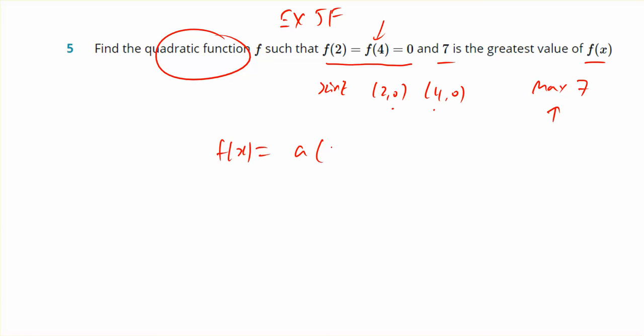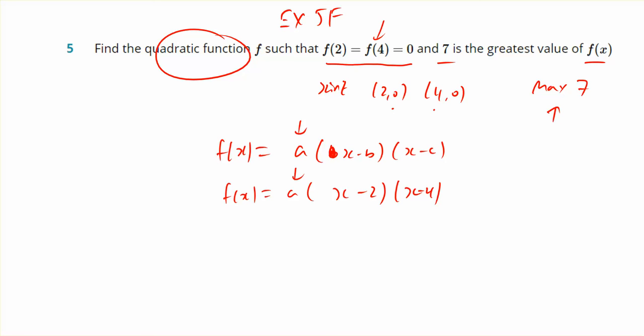So a(x - b)(x - c). Okay, I know what my x-intercepts are. They're 2 and 4. So I can substitute 2 and 4 for b and c, because when I use the null factor law, I'll get x-intercepts at 2 and 4, which is what I want. But we don't know what our a value is.